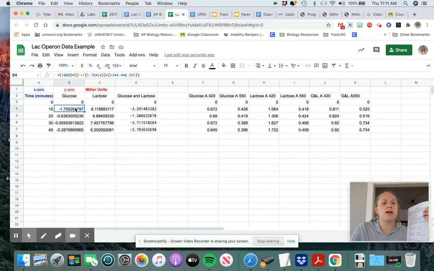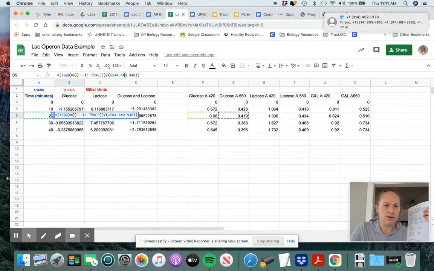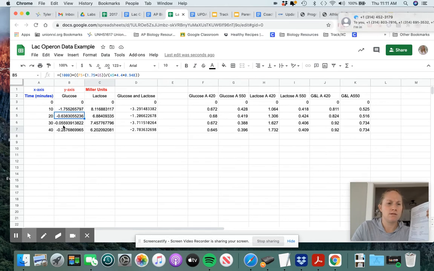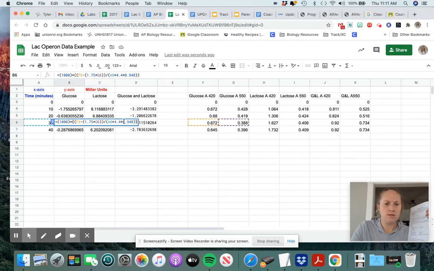Once you change the A600 for each of these, the glucose, the lactose, and the glucose and lactose, you'll need to go and change it for each time component. You're going to need to change each of these out. Change each one to your A600.